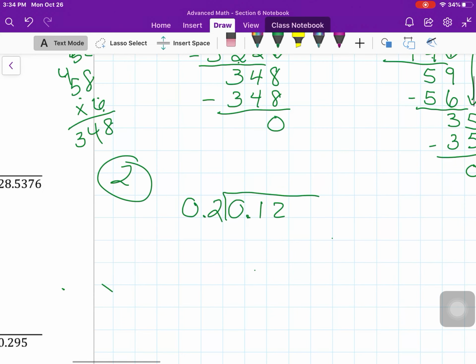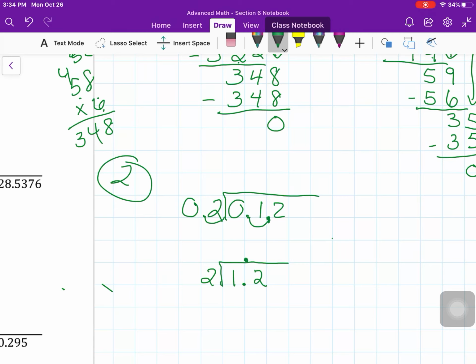All right, this one seems a little bit smaller numbers, so maybe a little easier. First thing we want to do is move the decimal in our divisor to the end. And then moving it one place to the right, we're going to do the same thing with our dividend. Let's rewrite it and clean it up a little bit. So we have 2 as our divisor, and then we've got a 1.2 or 1 and 2/10 as our dividend.